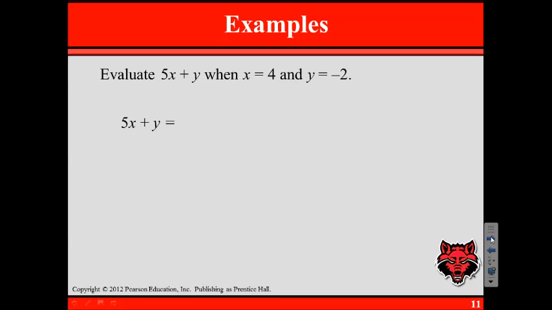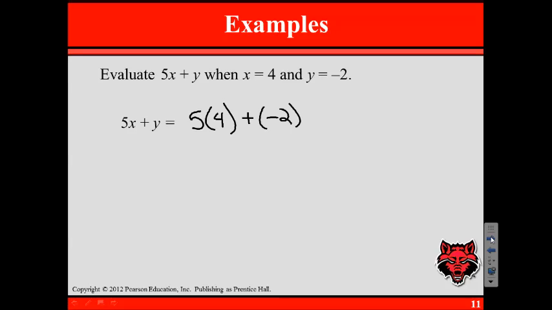So 5x plus y equals 5. In place of x, we put 4, and I always put my numbers in parentheses when I substitute them into the variable expression, plus -2. -2 takes the place of y. And as you can see, we also put -2 in parentheses so that we don't lose anything.